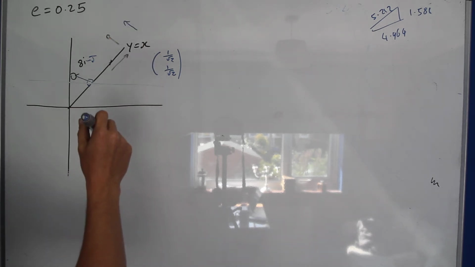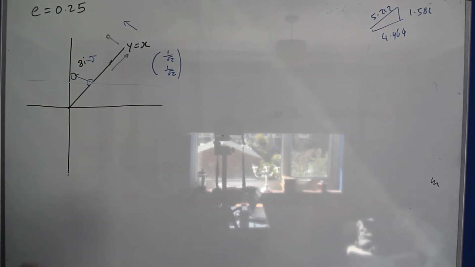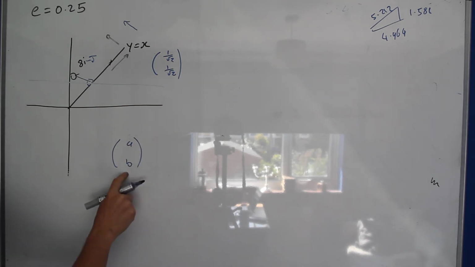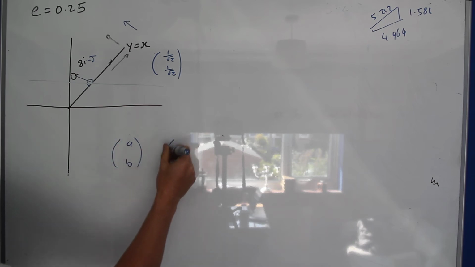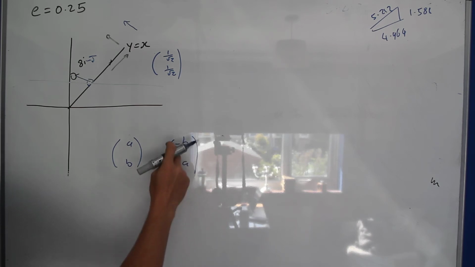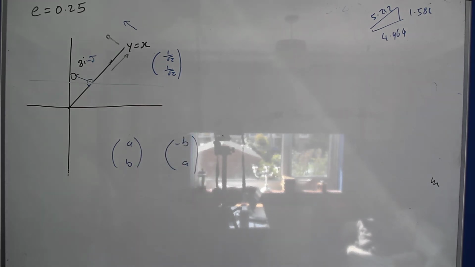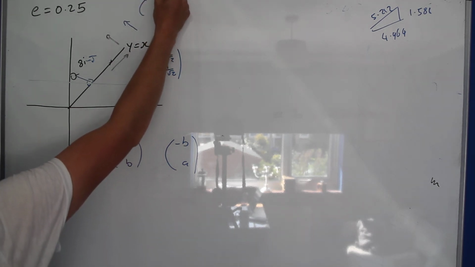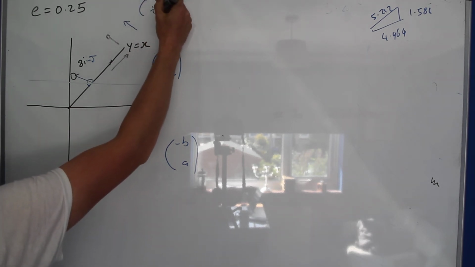We've then got this other direction as well. When you're dealing with vectors, let's do this in a general form, (a, b). If I wanted to find a vector that is perpendicular to this vector, all I do is flip them round and make one of them negative, and it doesn't matter which one you make negative. So this direction here will be (minus 1 over root 2, 1 over root 2).